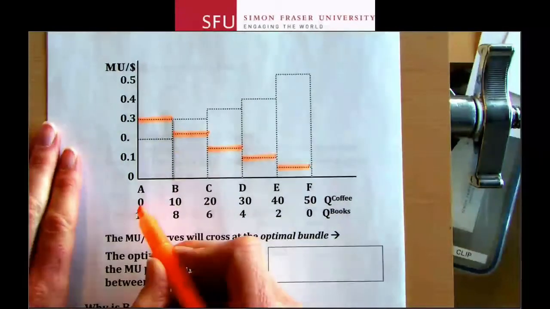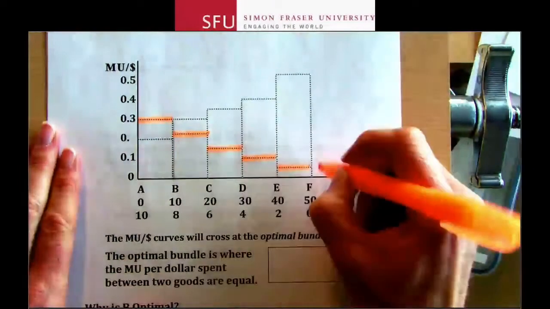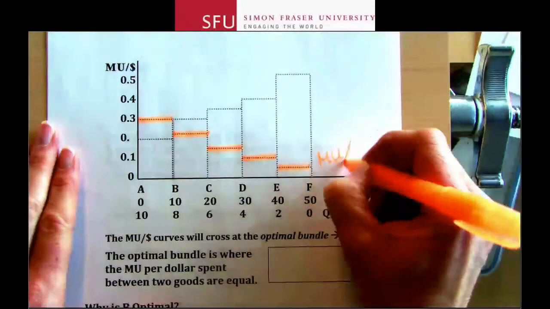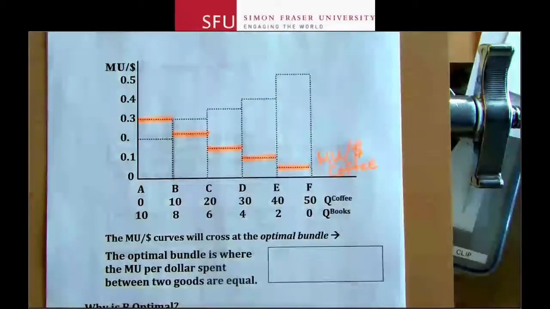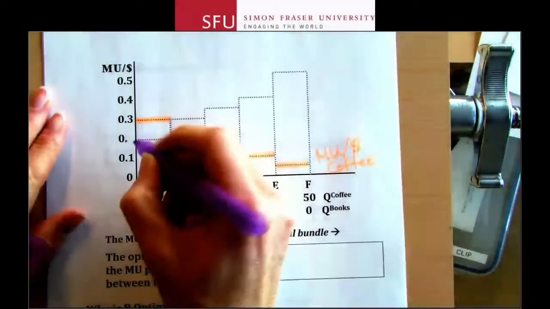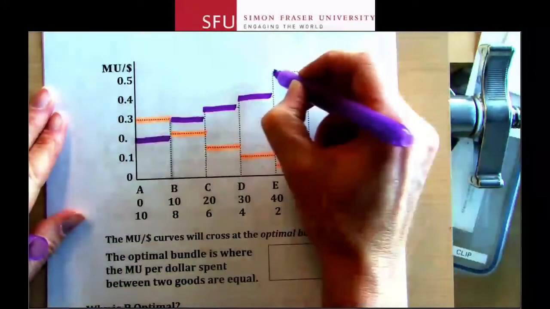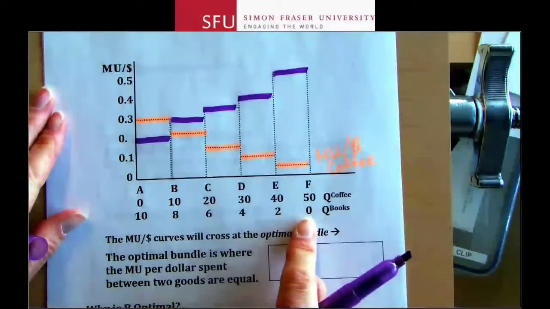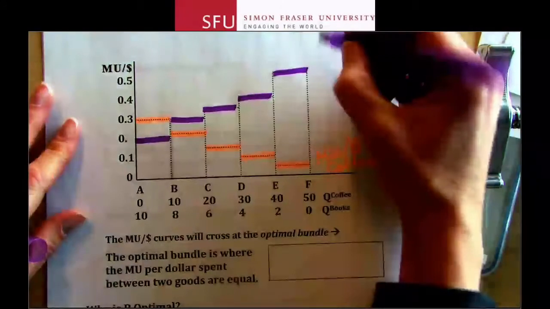So the scale here going from 0 to 50 for the coffee, marginal utility per dollar goes down. And then the other ones going up would be for the other scale, which is books. So going this way from 0 on the right side to 10 on the left side.